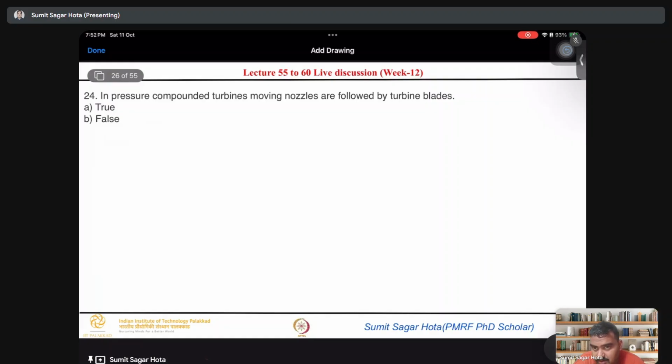In pressure compounded turbine, the moving nozzles are followed by turbine blades. Okay. It's a false statement. It's actually kind of reverse.